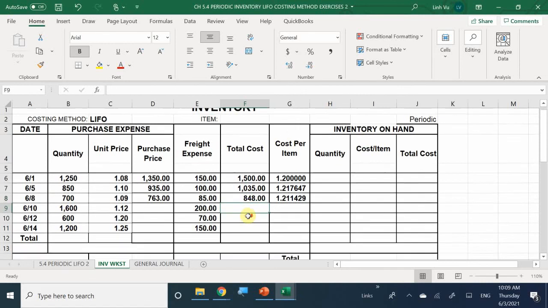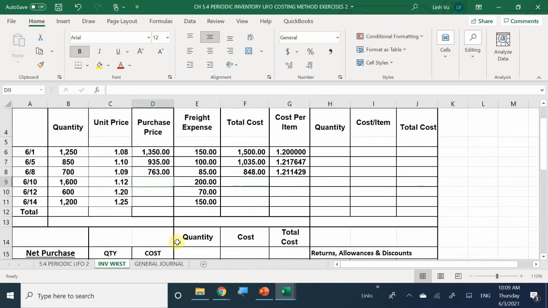Okay, got it. All right, so on June 10, we purchased 1,600 items at $1.12. What is my total purchase price here? $1,792.